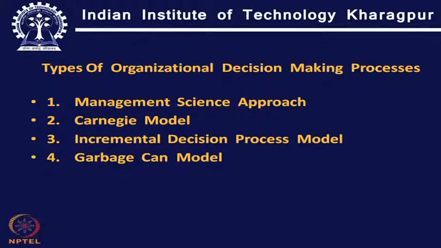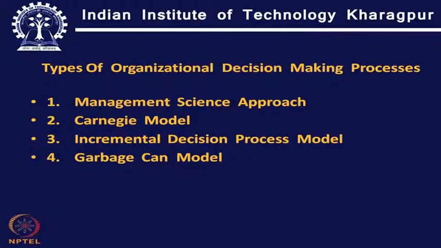After talking about decision making at the group level, and some important issues regarding the problems of group decision making, like groupthink and group shift, and the different types of decision making techniques for creative decision making, the next thing we will discuss is the organizational decision making process.